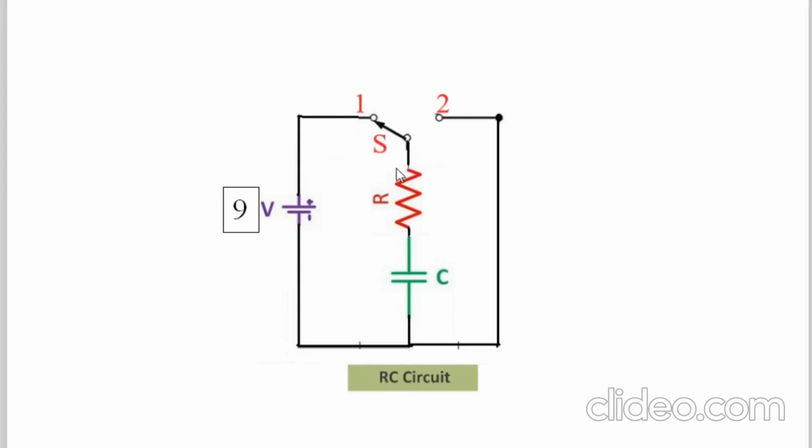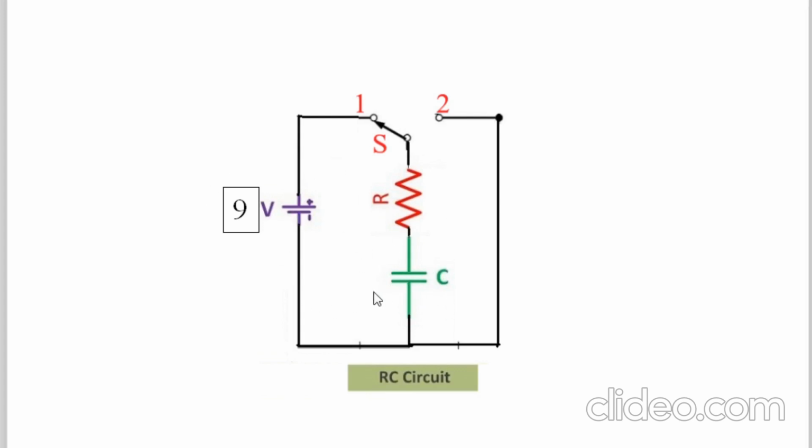Now when the switch is at pin number 1, the 9 volt battery will get connected to the RC circuit. Initially, suppose we have taken a capacitor which was discharged, therefore this capacitor will start charging from 0 volt towards 9 volt.